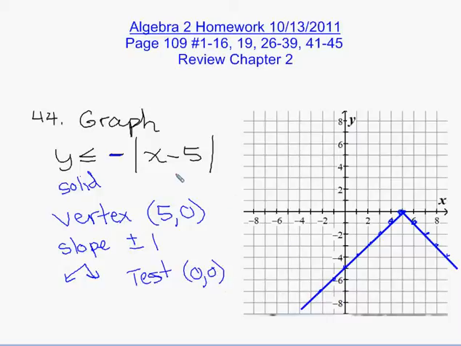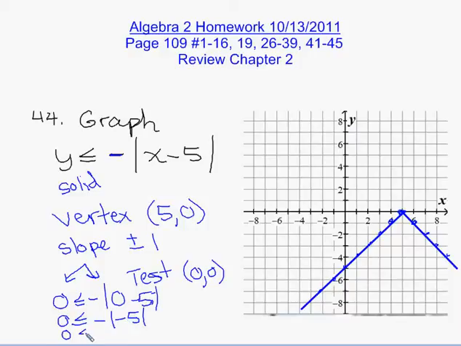So test 0, 0 in this inequality. It was y is less than or equal to negative absolute value of x minus 5. What we're going to do is substitute in 0 and 0 instead of x and y. So 0 is less than or equal to negative absolute value of negative 5. This negative doesn't cancel out. You've got to chop off the sign of the 5 first and then apply this.